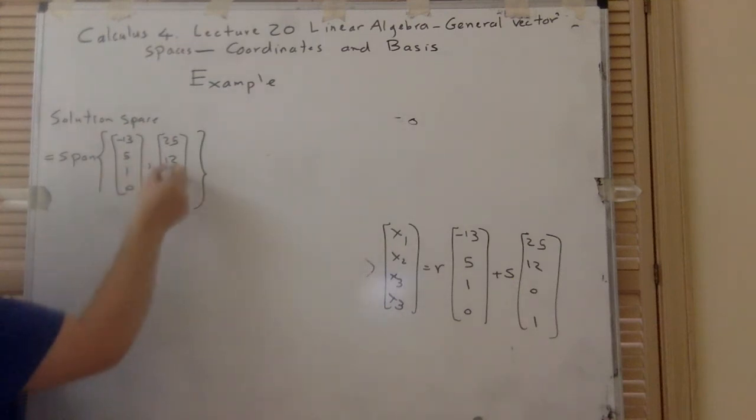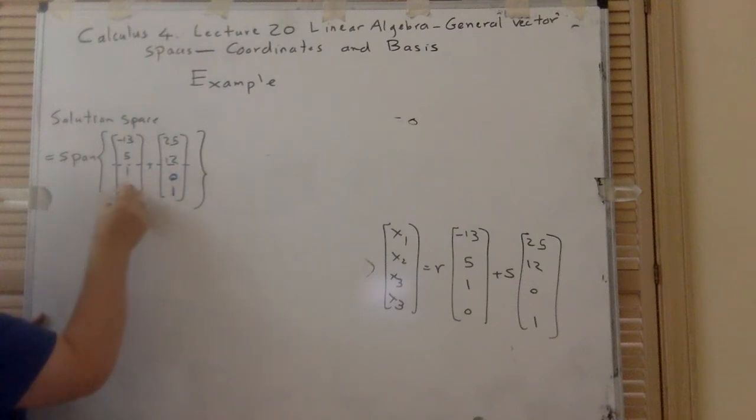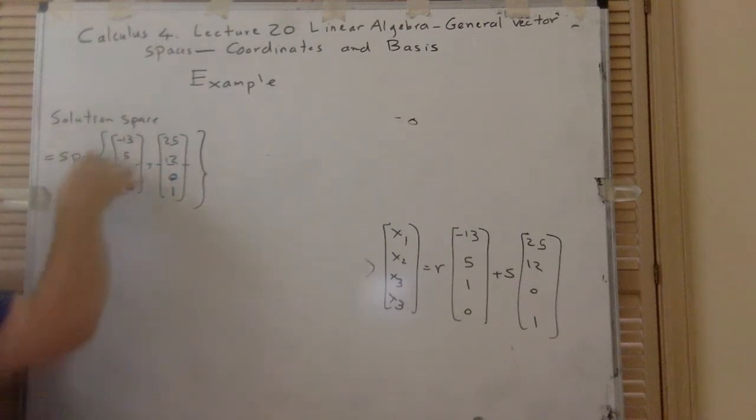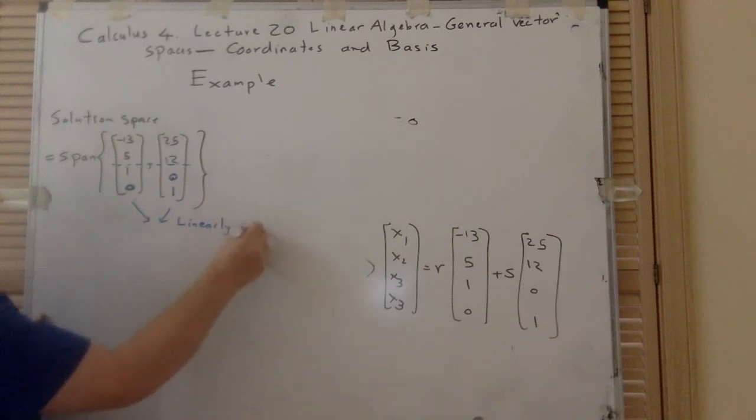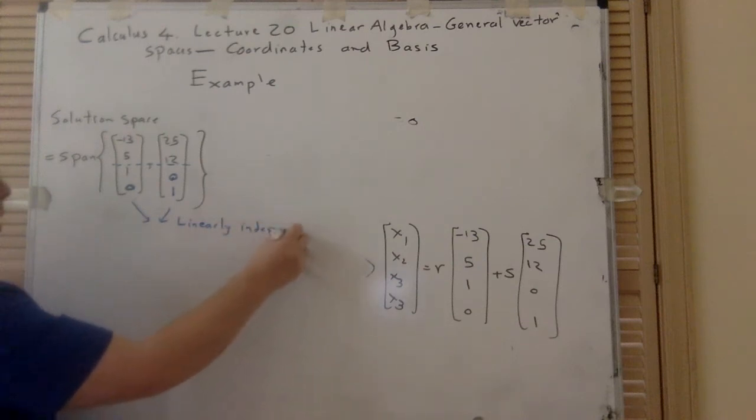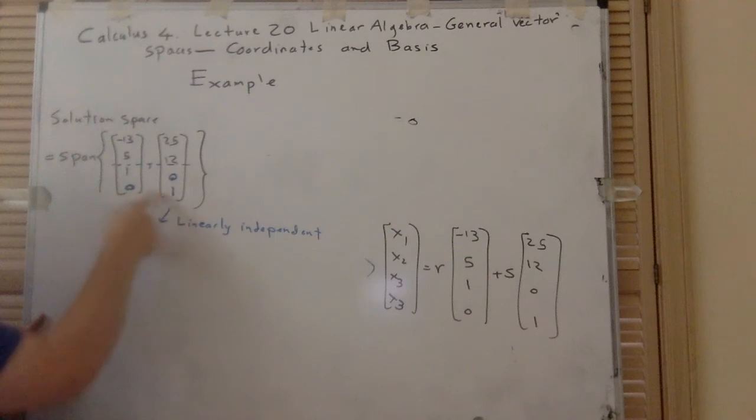But look at these two vectors. If I draw a line here, you can see that below it they include (0, 1) and (1, 0), right? I don't care what happens above this. And I have 2. So these 2 are in fact linearly independent. This is like e1, this is like e2.